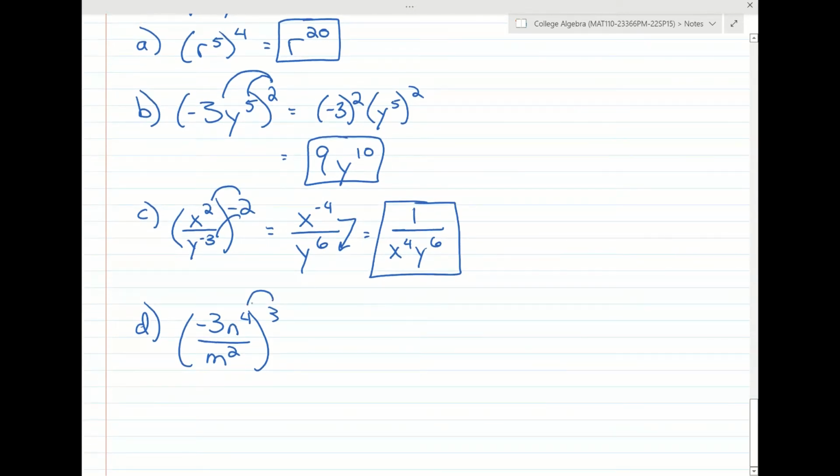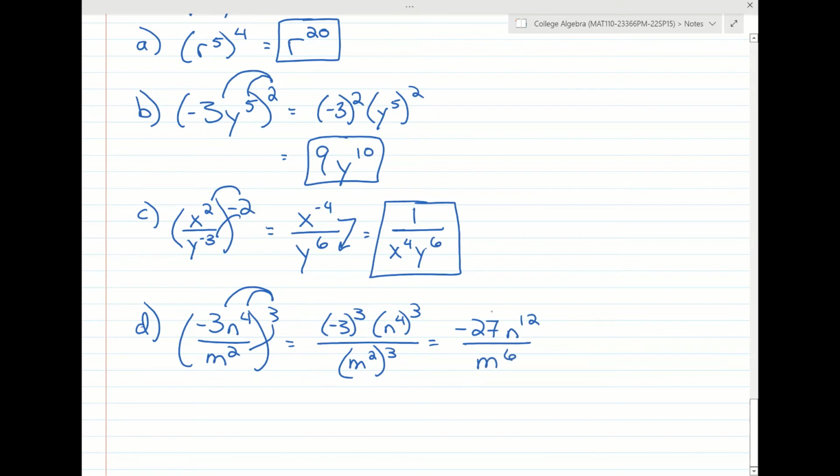You want to distribute the 3 to the exponents. So this would just be negative 3 to the 3rd times n to the 4th to the 3rd over m to the 2nd to the 3rd, which would be negative 27 n to the 12th over m to the 6th.